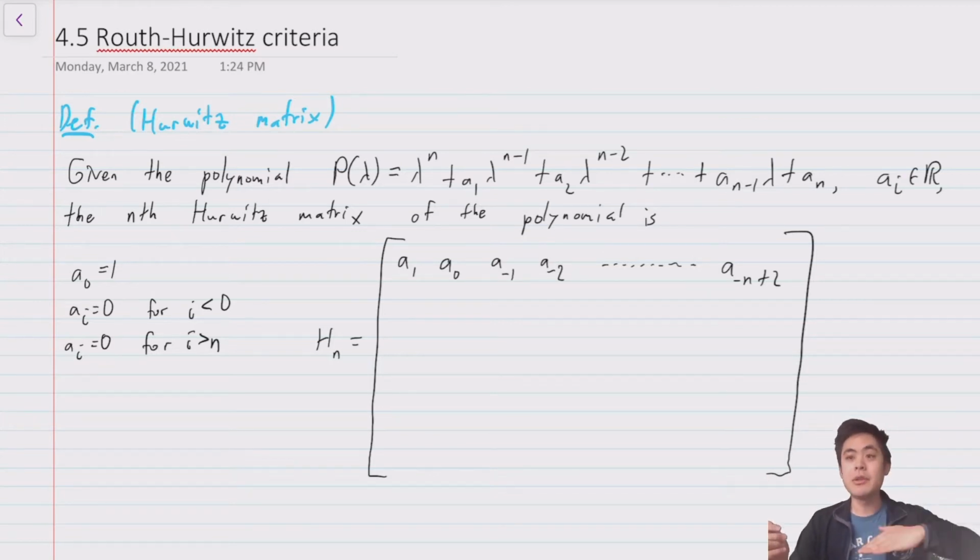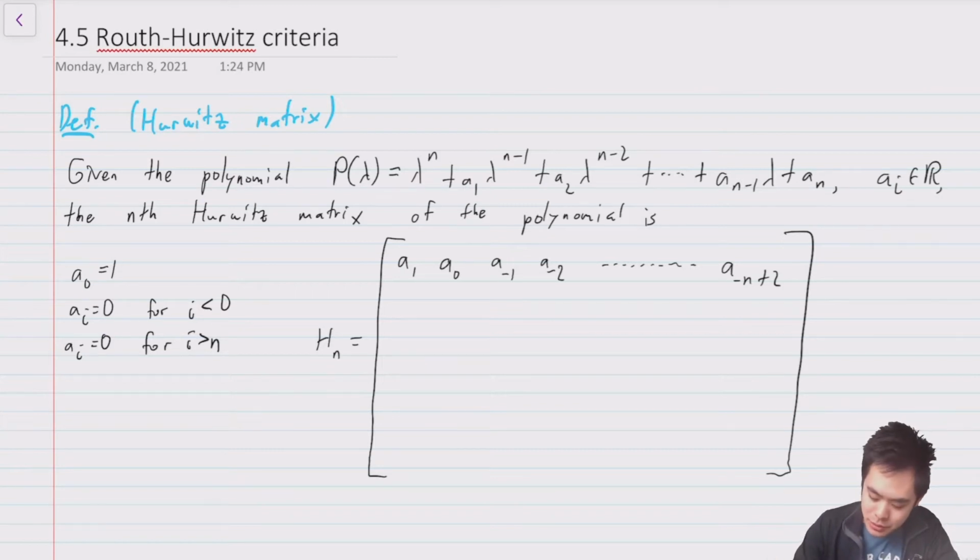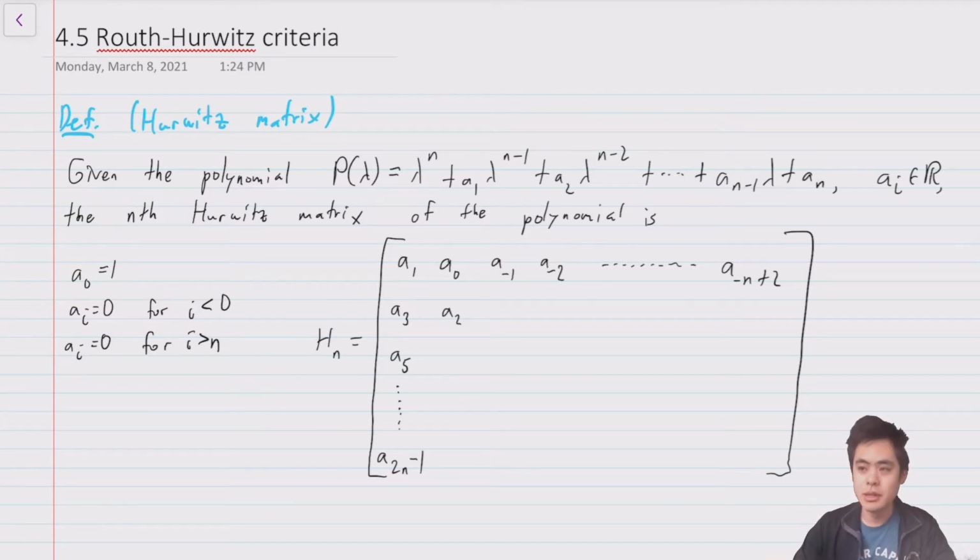What happens as we go down the column? Well, for each step we add 2. So this is going to be a3, and then we're going to go to a5, etc., all the way down to a(2n-1). And as we go along the row, we're going to go down by 1.